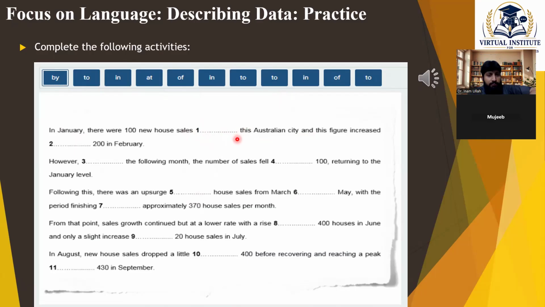Is it to this Australian city? No, my dear. When something happens in something, the Australian city is the place, right? And there are houses on sale. So what should be the right preposition here?